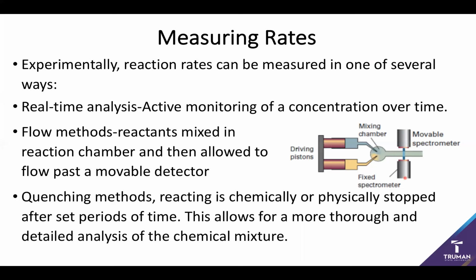And so in this case, what we often rely on is what's called quenching methods. So this is where you say have a real-time analysis, I mix up a beaker, and then I either stop the reaction in the beaker or I remove a small sub quantity of my reaction and put it in another container where I've then stopped the reaction.